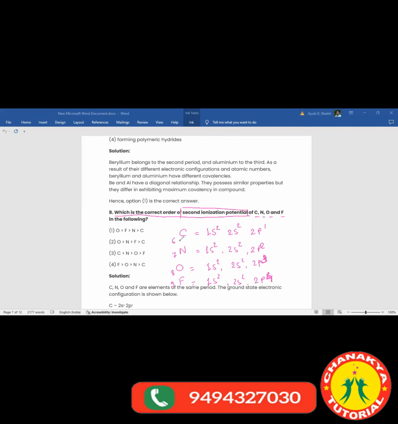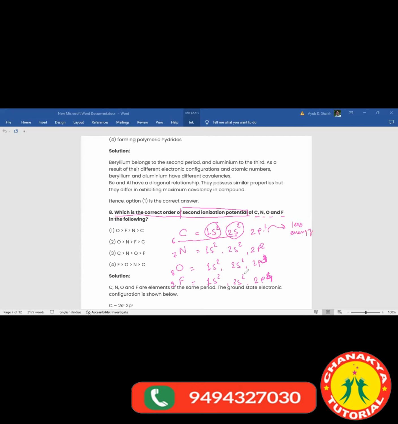For the carbon, if you check here, 1s2, this orbital is completely filled. So easily one electron from the p shell can be removed for the second ionization potential, correct? So it requires less energy.